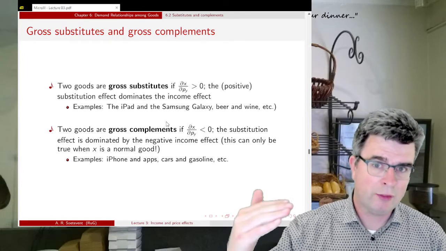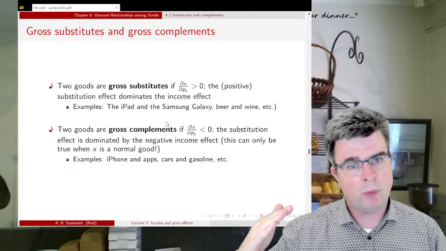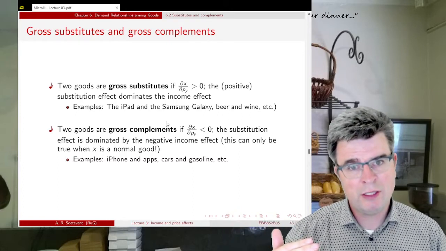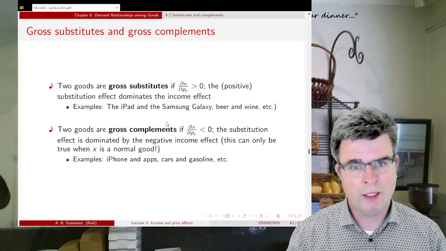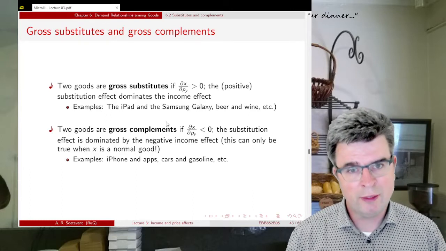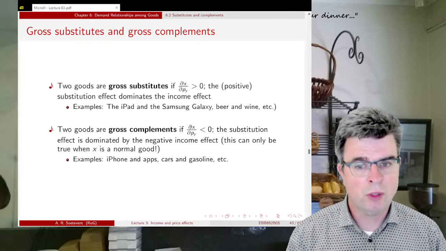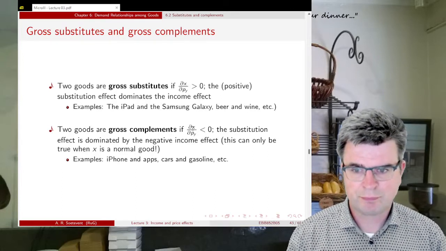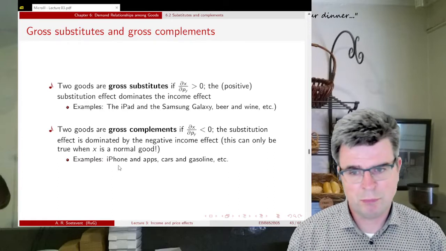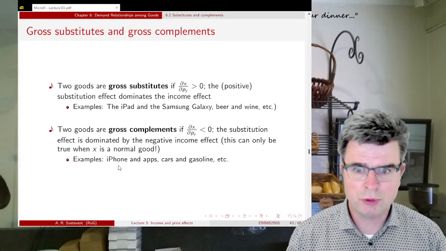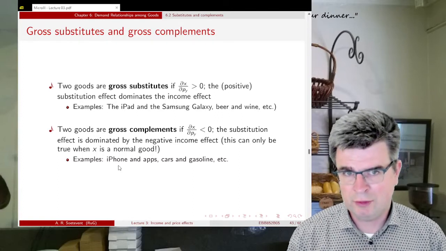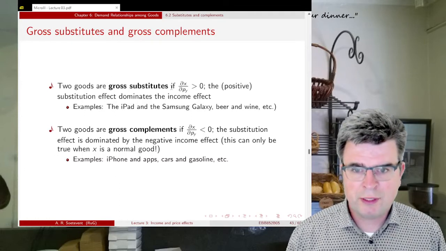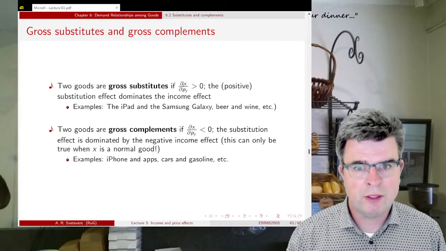So the price of a good Y increases, you substitute away from good Y towards good X, but at the same time your income decreases, and that impact of the income effect is overruling the substitution effect, leading you to consume on aggregate fewer units of good X. Examples of gross complements might be the iPhone and apps that you use on the iPhone, cars and fuel, etc. And the gross substitutes, they work with the uncompensated demand functions.